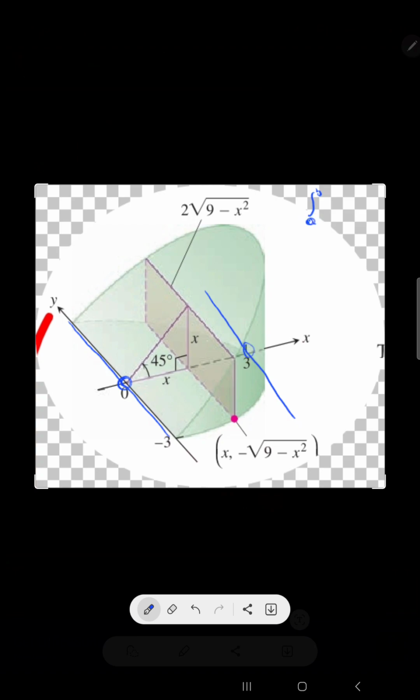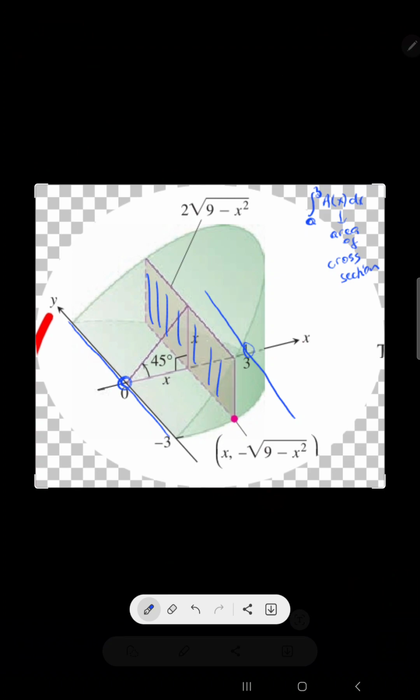So we'll start from 0 and go until 3. So our boundaries, okay, we found them. And what we also need, A of x, is the area of the cross section. So we have to find the area of this rectangle.